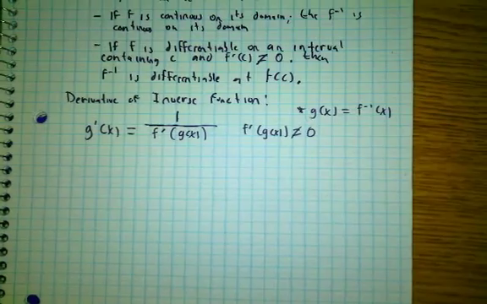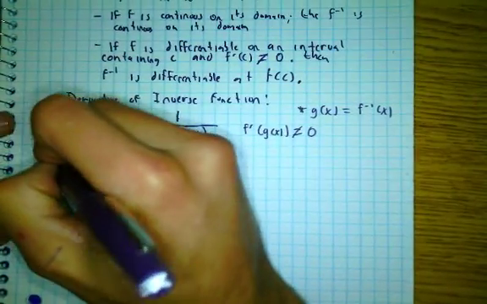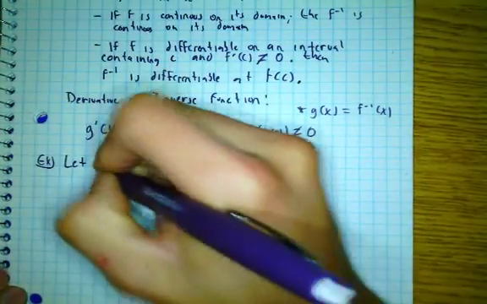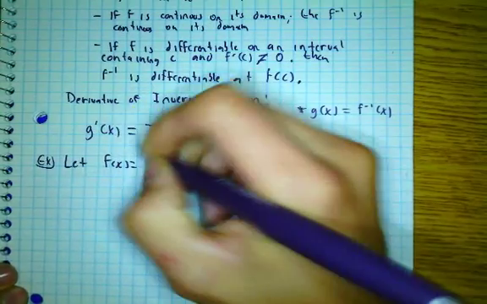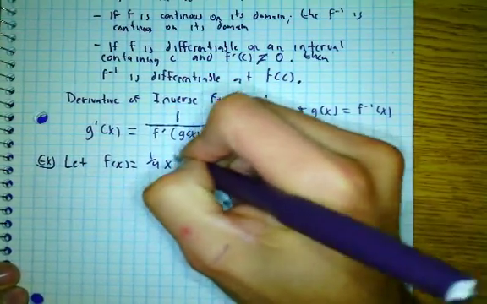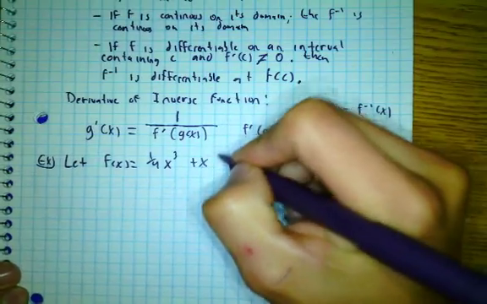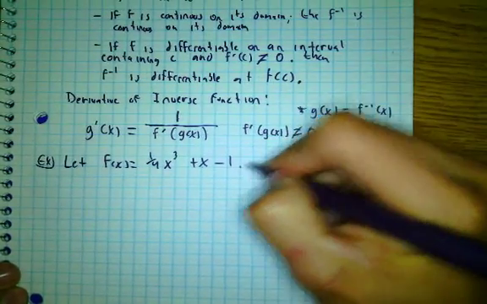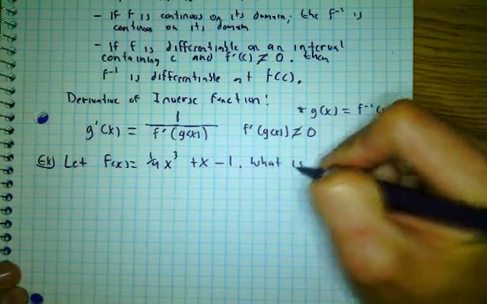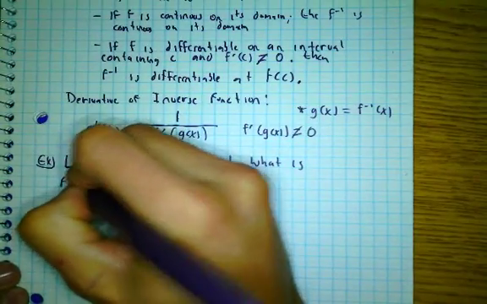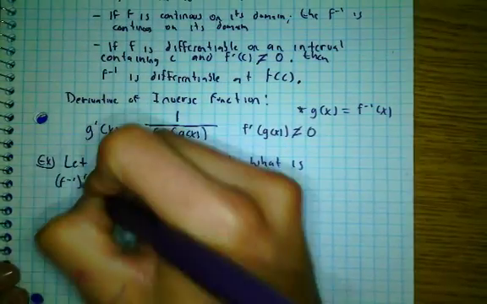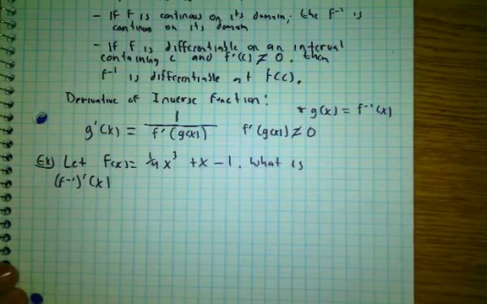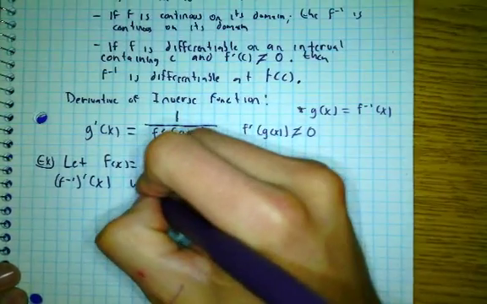Here's an example. We're going to let f of x equal 1/4 x to the third plus x minus 1. What is the derivative of the inverse function when x equals 3?